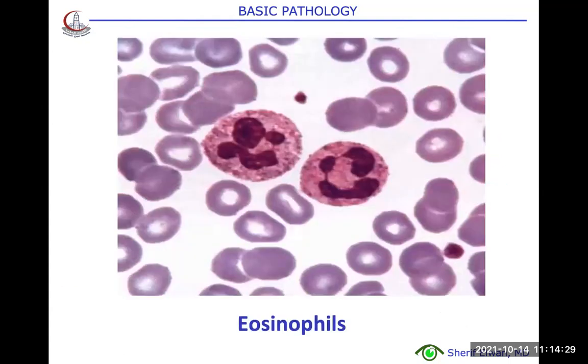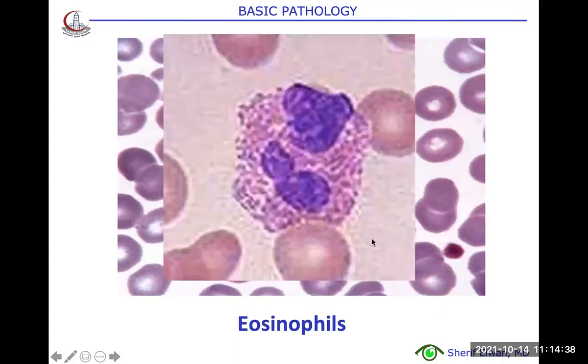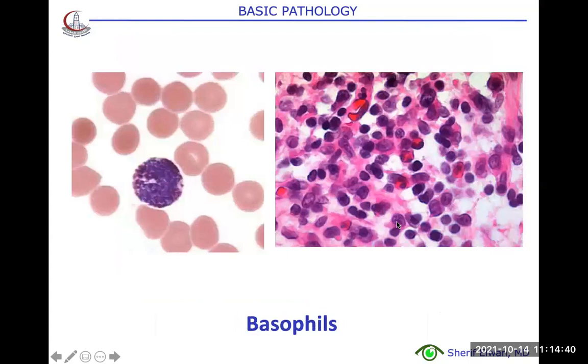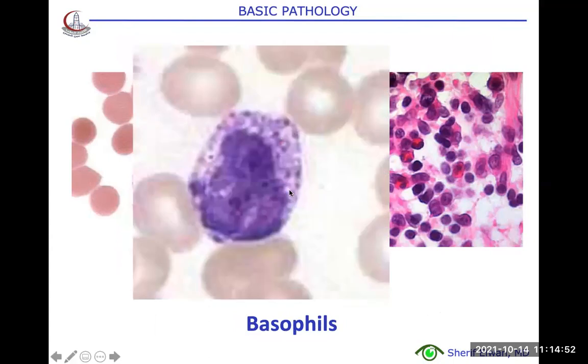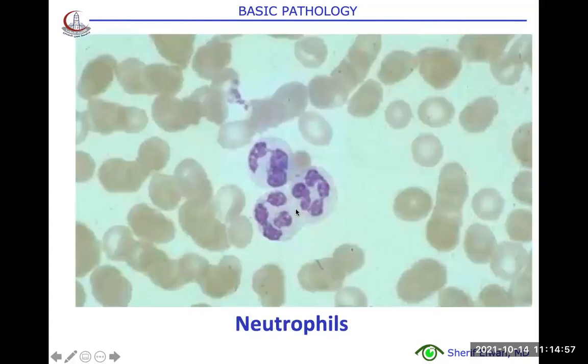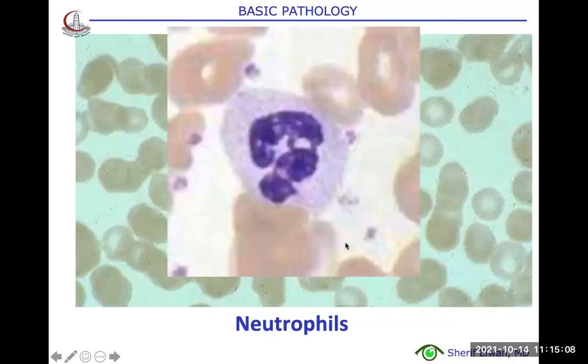Here are the eosinophils with red granulated cytoplasm, hematoxylin and eosin. All these are RBCs. Eosinophil with bilobed nucleus. Basophils have basic stained or basophil stained granulated cytoplasm with a kidney-shaped nucleus, and neutrophils have multi-lobed nuclei with cytoplasm that is taking neither the red nor the blue stain.